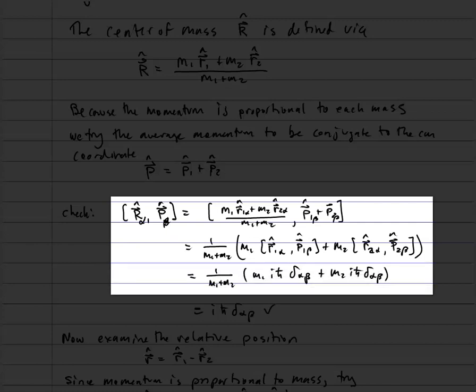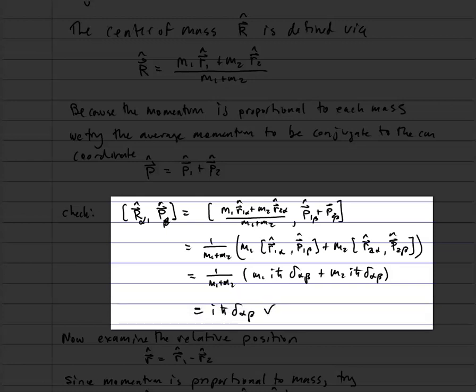And similarly with R2 alpha with P2 beta. So you can see then that I'm going to have the same term i h bar delta alpha beta that I can pull out. And I'm left with a factor of M1 plus M2 over M1 plus M2, which is equal to 1. So the net is that I just get i h bar delta alpha beta. And that's the sign that we have actually figured out these operators correctly, that the average momentum is P1 plus P2.